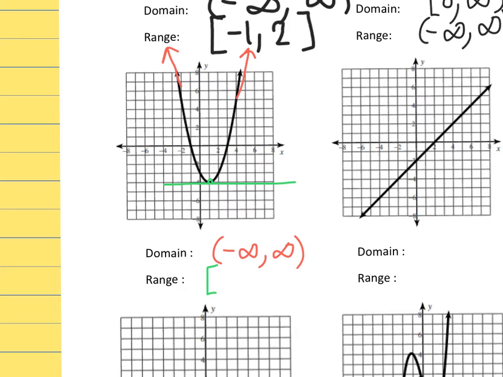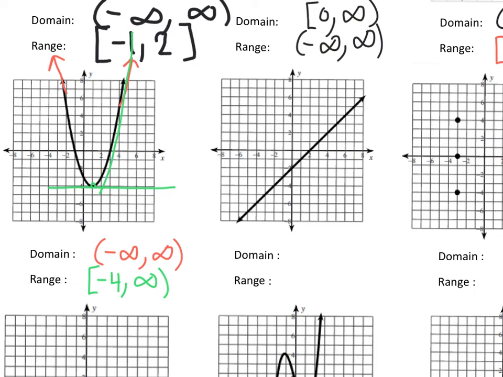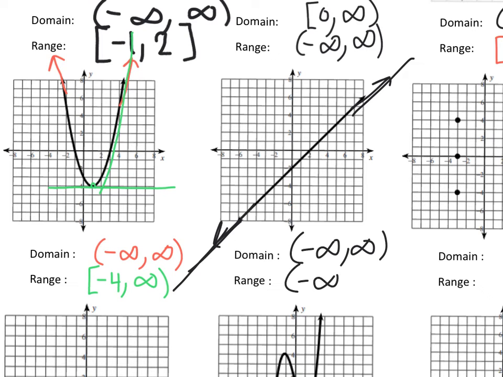So it goes from negative 4, and it keeps going infinitely up to infinity. Over here, the domain, it's going infinitely to the left and right, so it's negative infinity to infinity. And then the range, it's going infinitely down, infinitely up, so that's also negative infinity to infinity.